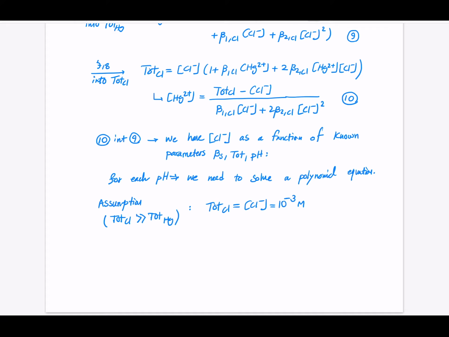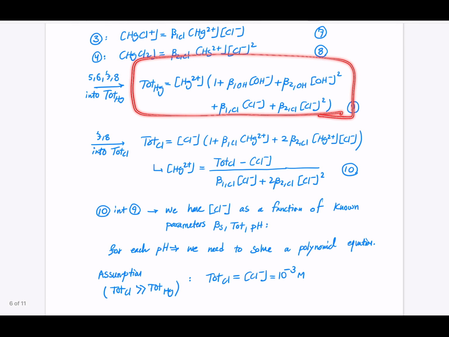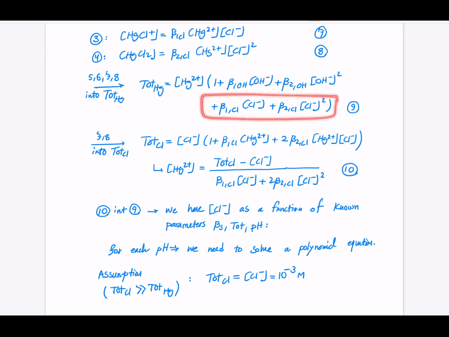Now with that assumption, for Hg2 plus, this factor is gone. So we can go back to this one, and now we have something that is a function of pH, plus something that is always constant, not pH dependent.